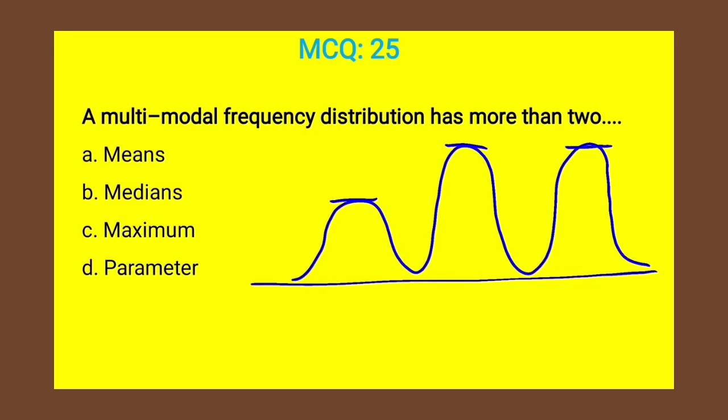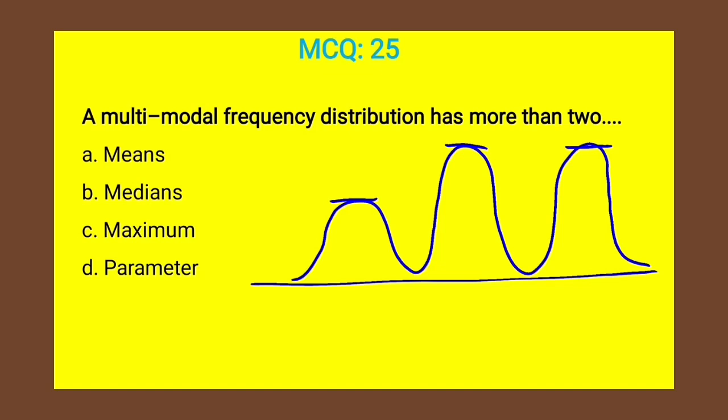Let's say 3, because I'm into multimodal, which is more than 2 modes. Here you can see that this curve is more like a maximum curve. So in a multimodal frequency, we have more than 2 maximum modes.